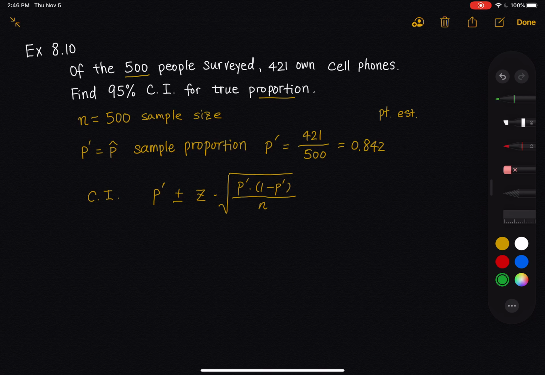In the textbook, it calls this part the error bound for the population proportion. So the first thing you need to calculate is the error bound for the proportion. Then you subtract it from the point estimate and you get a lower bound, and you add it to this number and you get an upper bound.